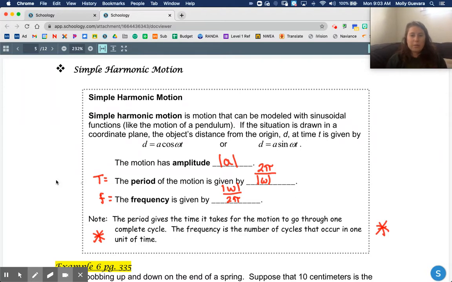Something that really helps is noting that the period is 1 over the frequency, right? They're reciprocals of each other, which means the frequency is 1 over the period. So if you know the period, you can find the frequency by just taking the reciprocal of it.